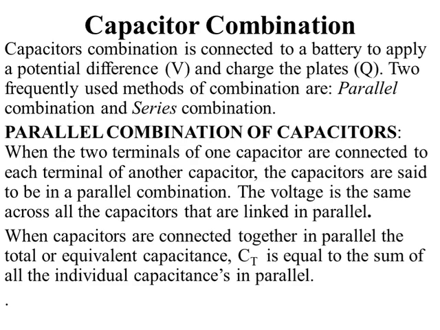Now when the two terminals of a capacitor are connected to each terminal of another capacitor, those types of arrangements are said to be in parallel combination. Let me take that again.